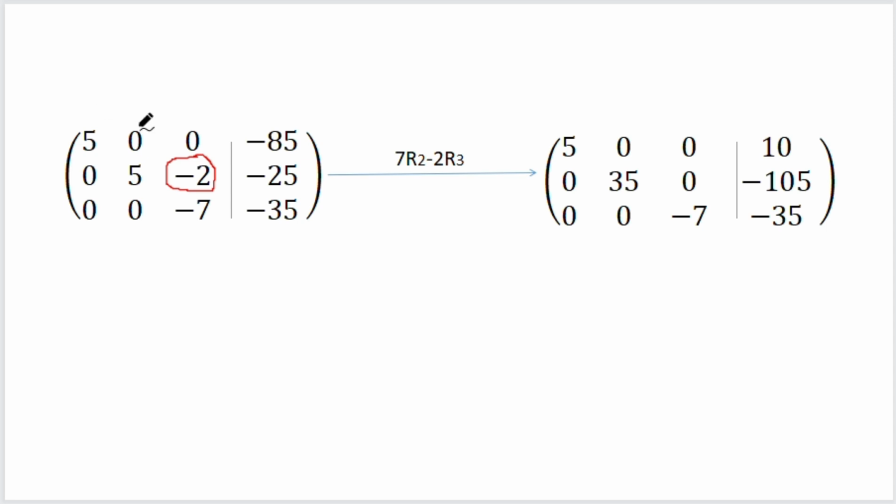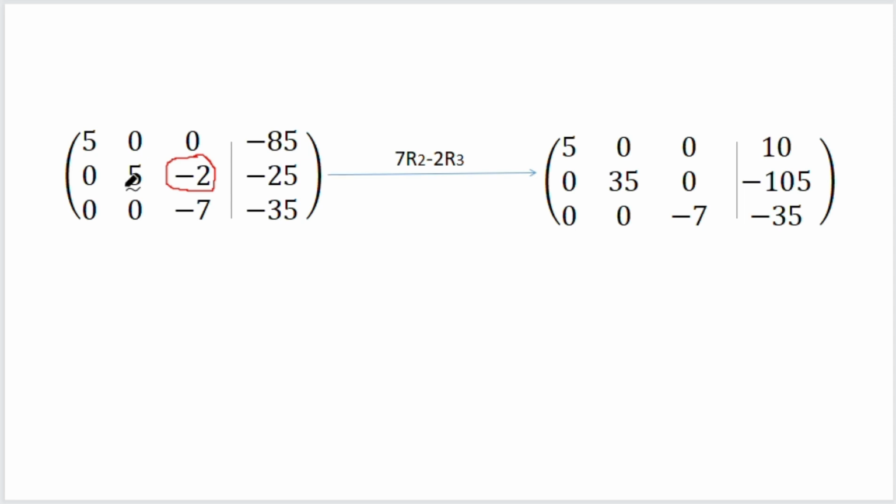So if I'm to make this a 0 without tampering with R3, that means I'm going to multiply 7R2, then minus 2R3 in this case. So out of that, if I come here and say that I'm going to be having 7R2, that means I'm going to be multiplying throughout.